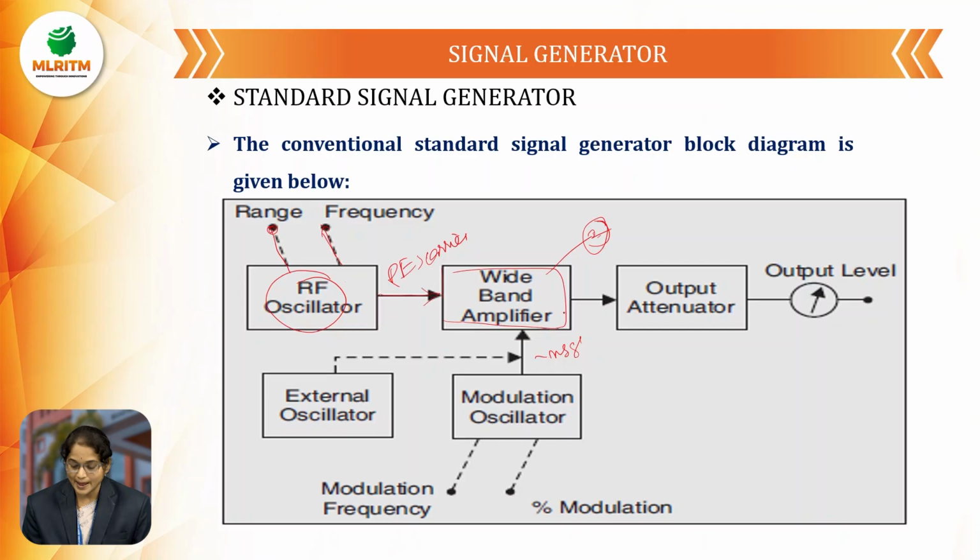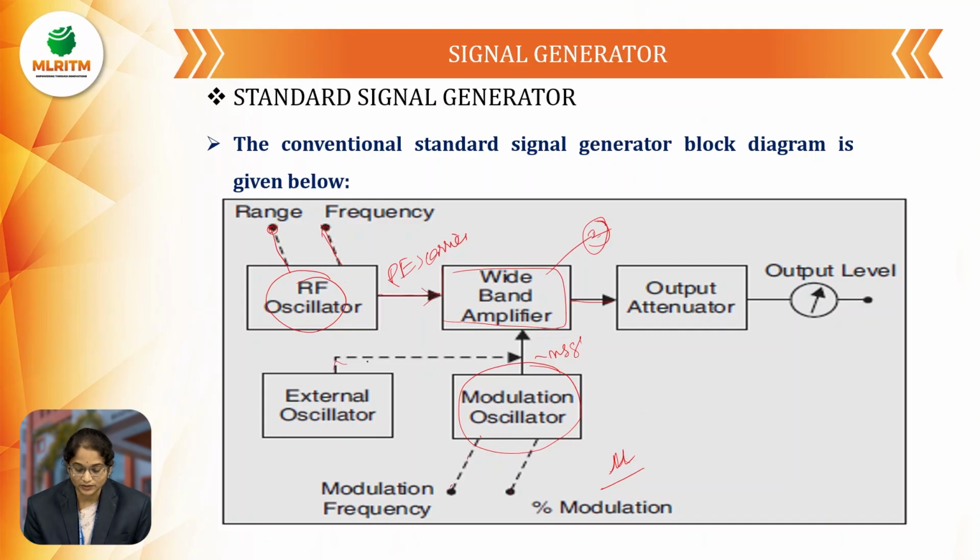Before the input goes to the wideband amplifier, the modulation oscillator is there, where we set the particular modulation frequency, and the percentage of modulation, which is the modulation index mu. We select that modulation frequency and set the modulation index also.